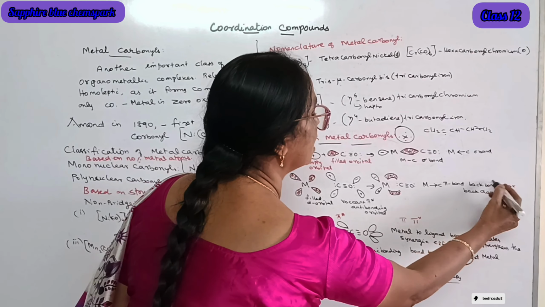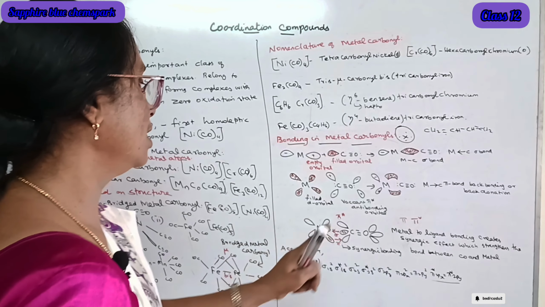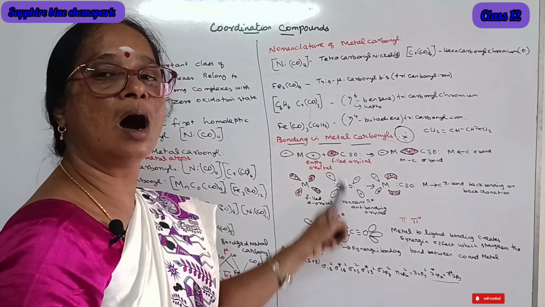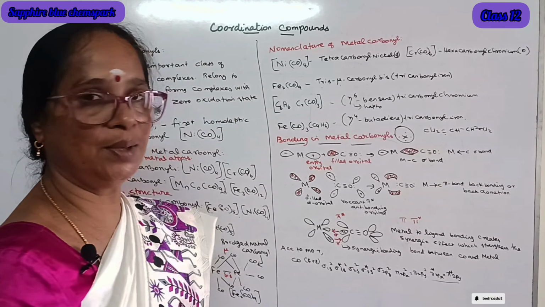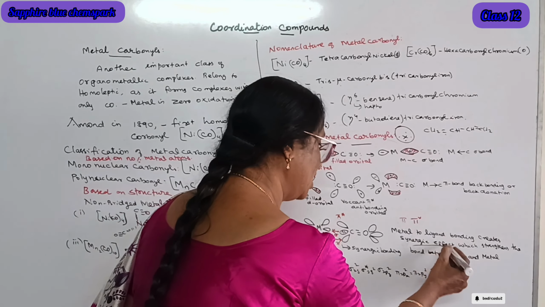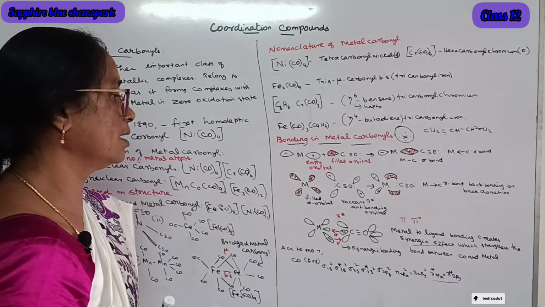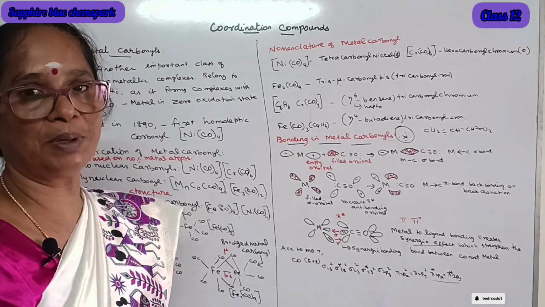Such bonding is said to be back bonding or back donation. Therefore, the carbonyl complexes are stabilized by both sigma bonding as well as pi bonding, and hence it produces a synergic effect, that is the strengthening of the metal carbonyl complexes.